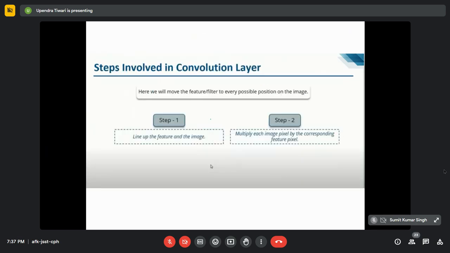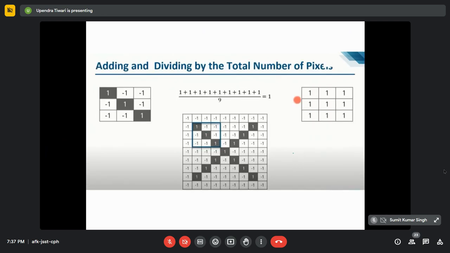So let's talk about this convolution layer. Here, the purpose is first we'll line up the feature and the image, and then multiply each image pixel by the corresponding feature pixel. Let's talk about this one. So we'll just take a print screen of this.